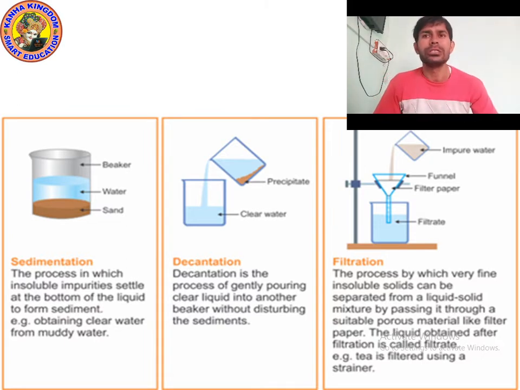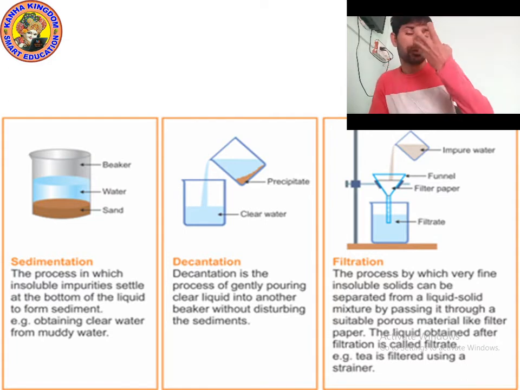Decantation is the process of gently, slowly pouring the clear liquid, the sediment water, into another beaker without disturbing the sediment. What is the meaning of sediment? Sediment means the stones and soil which have settled down.